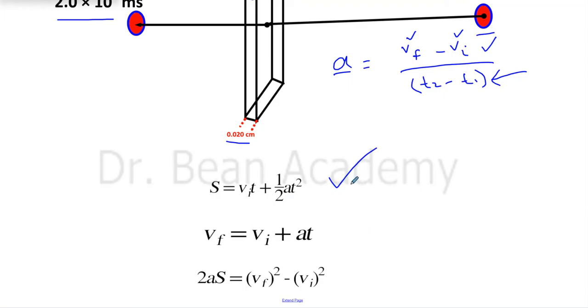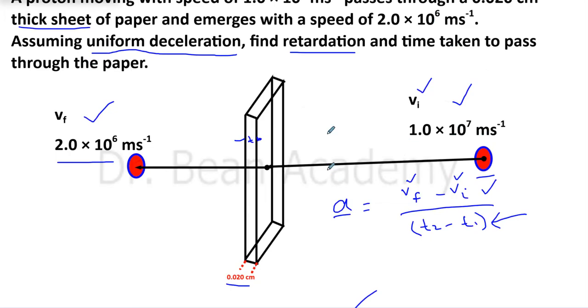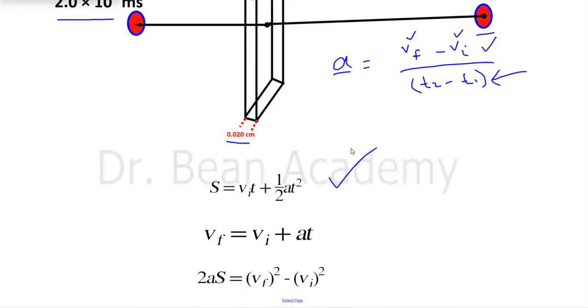We don't have time, right? So we have to choose an equation which doesn't have time in it, because we don't know it. In fact, in the second part of this question, we have to calculate this time. So let's choose an equation which doesn't have time in it. This one has time, but this one doesn't need any time.